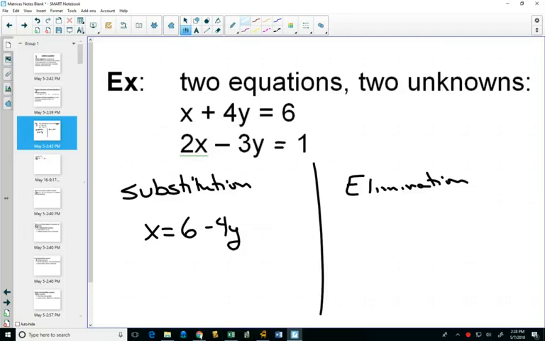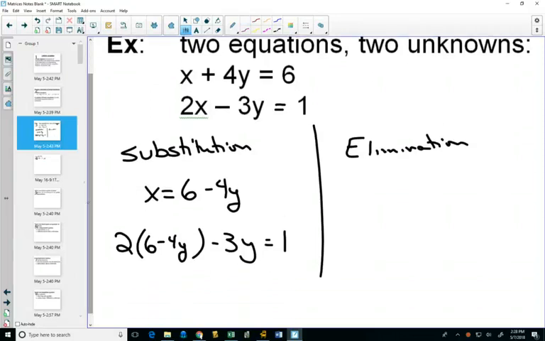At this point, you could get the x by itself, and then you could go to the other equation and plug in, instead of x, the 6 minus 4y. That creates an equation with only one variable that you don't know, and we just use our algebra to figure things out. So 12 minus 8y minus 3y equals 1.